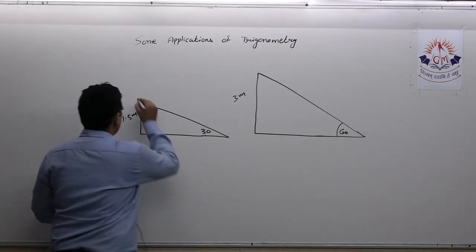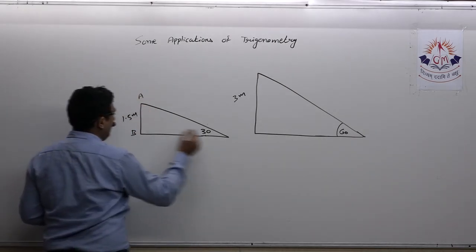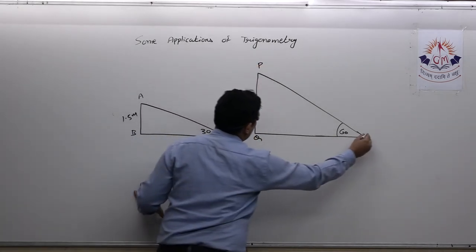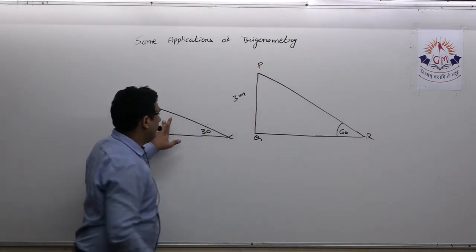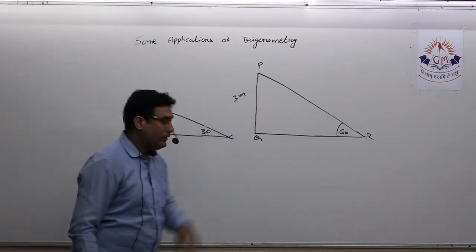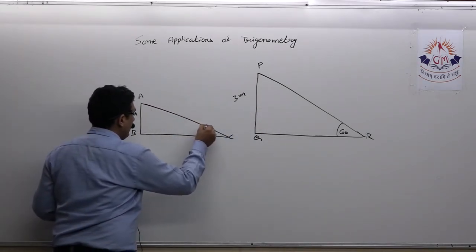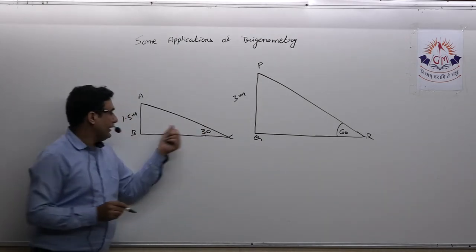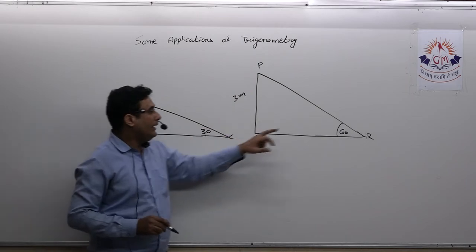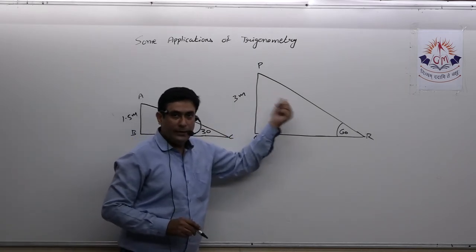Here if I say triangle ABC, and here triangle PQR, we have to find AC and PR, the length of the slide. It's very simple. Again, for this angle I have perpendicular, I need hypotenuse. Here again I have perpendicular, I need hypotenuse.